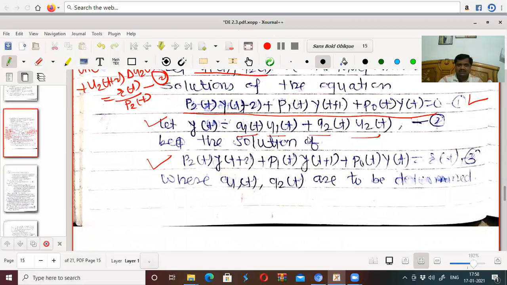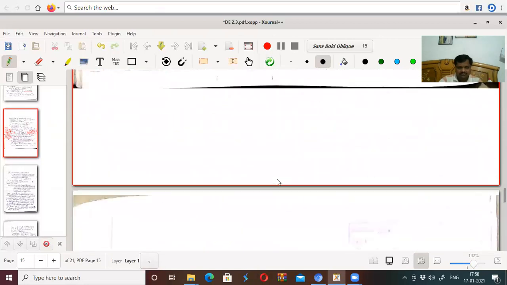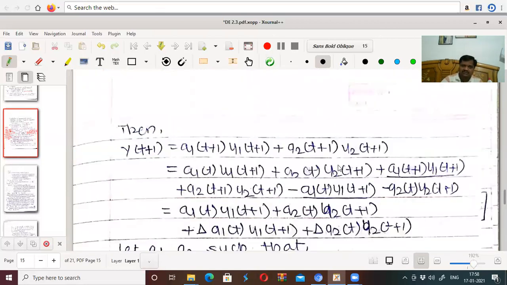Now suppose y(t) is equal to this one, you can find y(t+1). But y(t+1) becomes a1(t+1) u1(t+1) + a2(t+1) u2(t+1). Correct? Now we will simply rearrange them. This a1(t+1) u1(t+1) as it is.